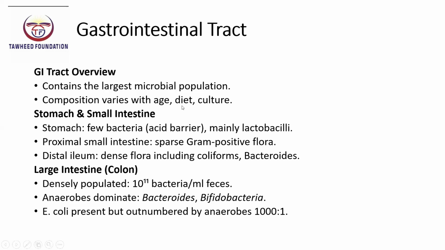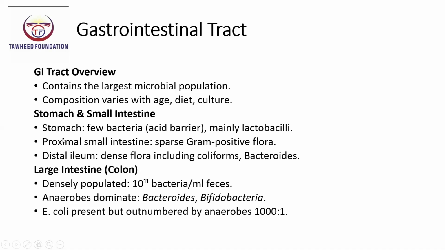Here, the composition of GI flora differs between various animal species and within the individual animal species. In humans, the composition of the flora is also influenced by age, diet, and cultural conditions. The following table shows the distribution of some common intestinal bacteria in various animal species, including human.